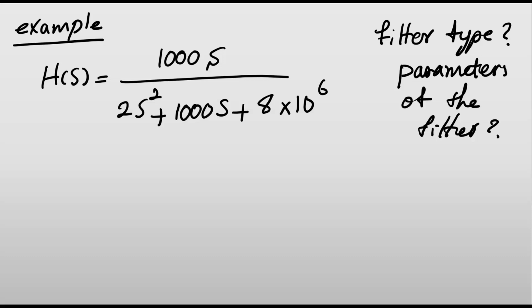Okay, because I'm looking at a transfer function with a second order polynomial in the denominator, I know that this should be a band pass or band reject.